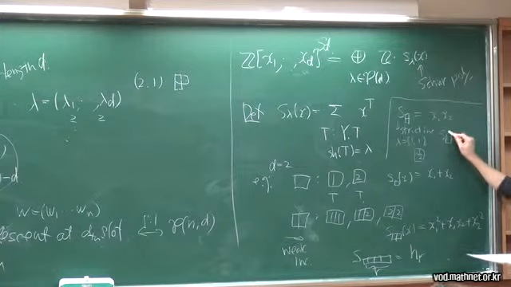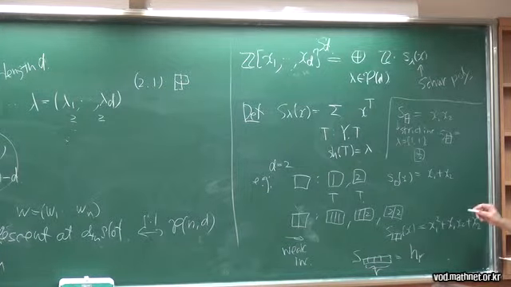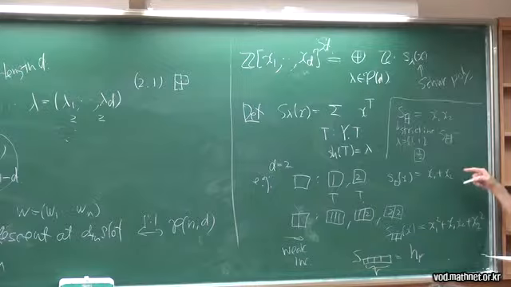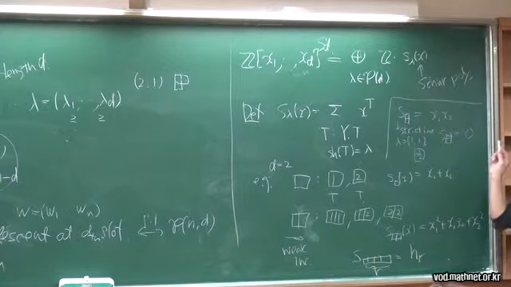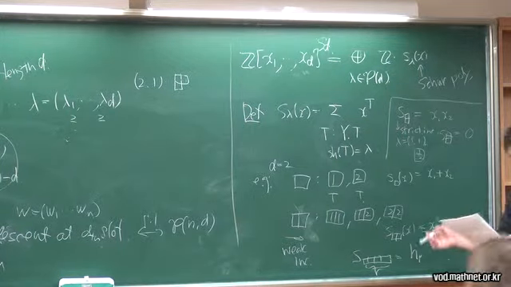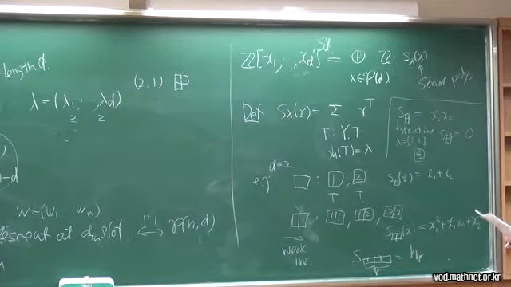And then 3 boxes: there is no filling with 3 boxes, so it's 0. I think that's enough. I can do 3 boxes, but maybe I don't need to.